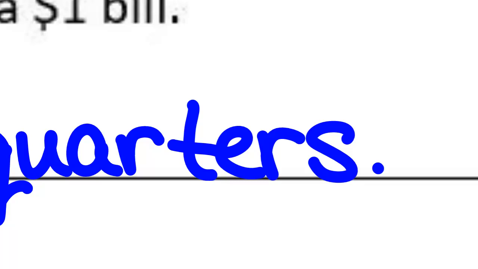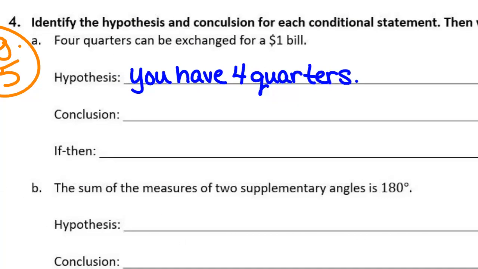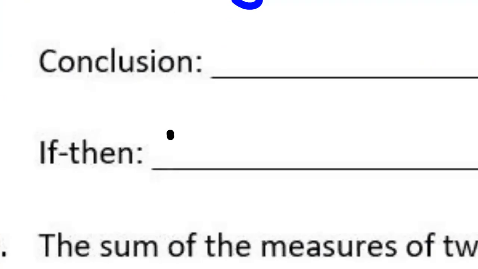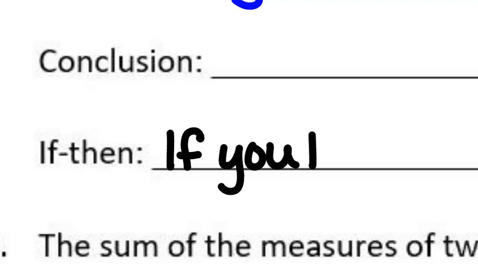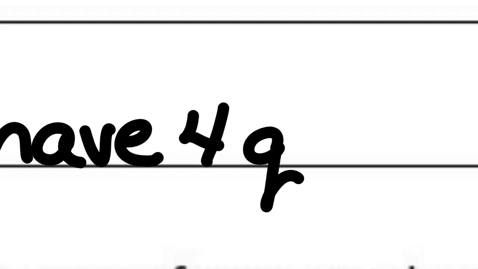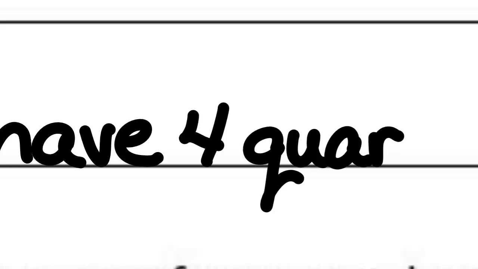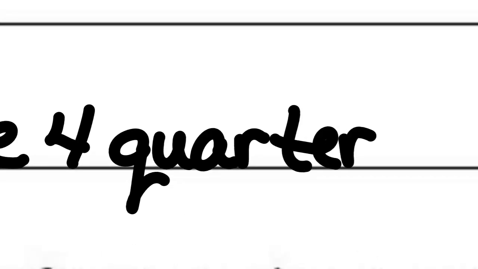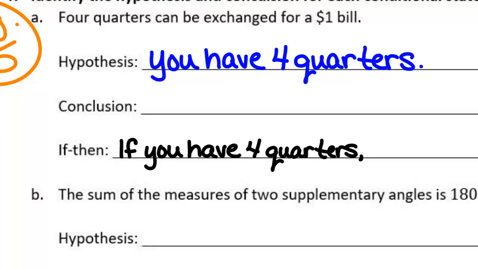So that's the beginning of my if-then statement, because the hypothesis has to come first. So if you have 4 quarters, then what can you do with them?